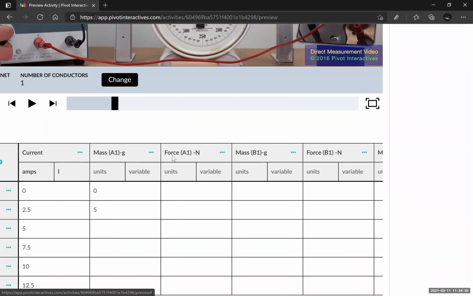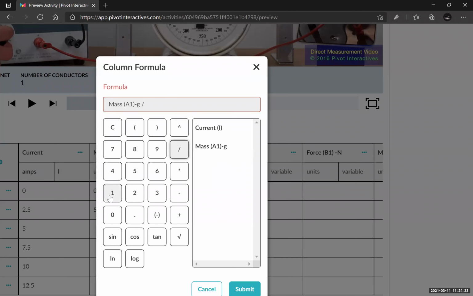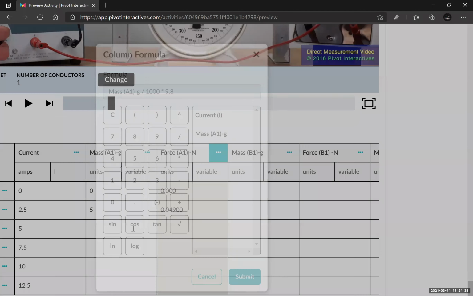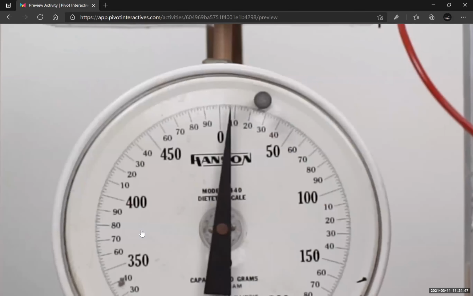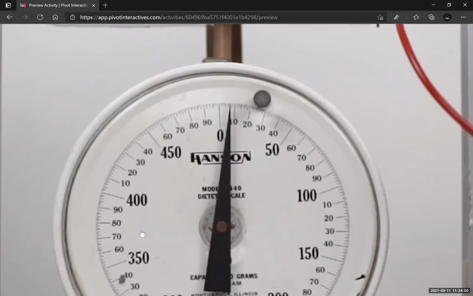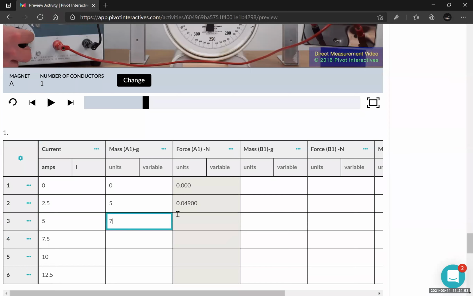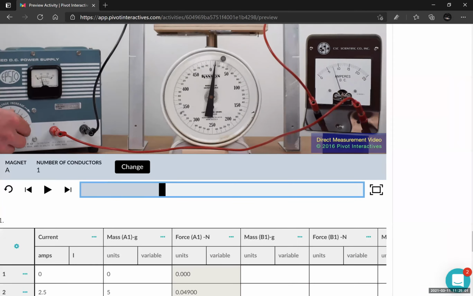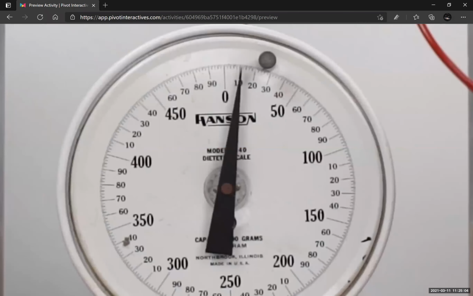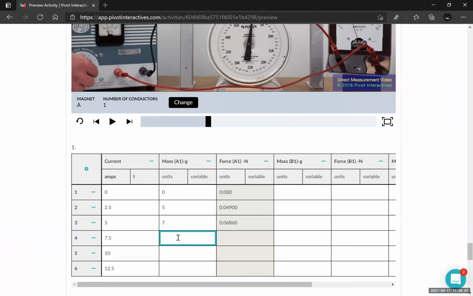To get the force again, you take mass divided by 1000 times 9.8. Then if I go to 5 amps, I look at the force, roughly maybe 7. Then go to 12 and a half and look at the force. I would say this is about 11 and a half or something like that. All right, that's good enough.